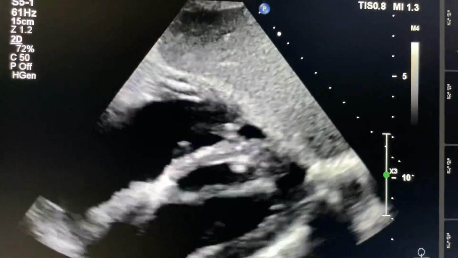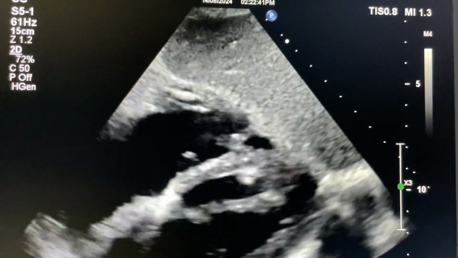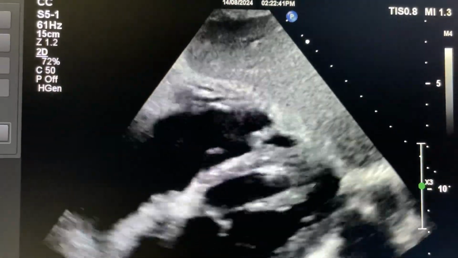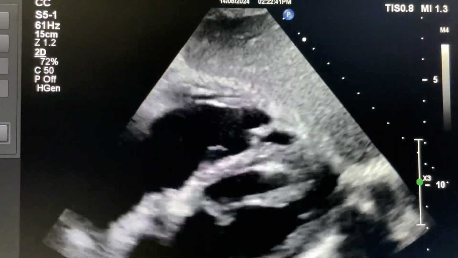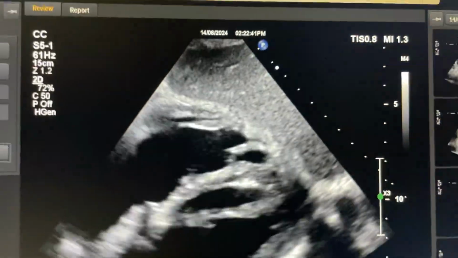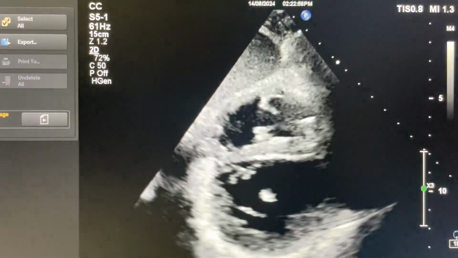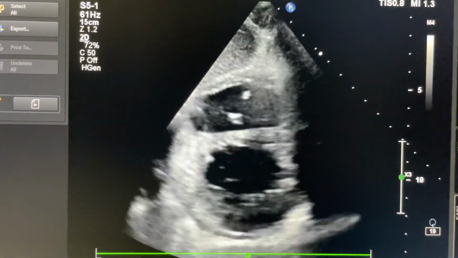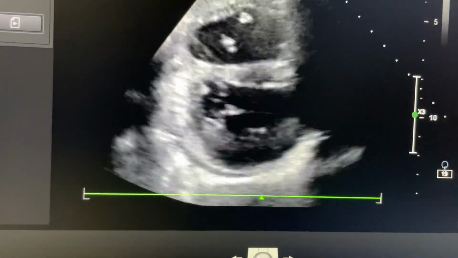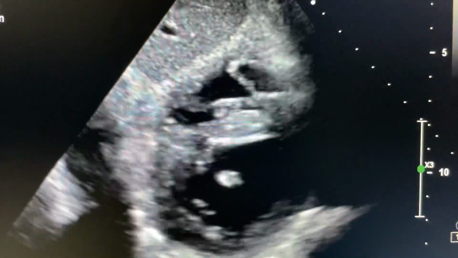So the basal and mid right ventricle free wall is hypokinetic, indicating right ventricle myocardial infarction. Now you see, focus on this portion.